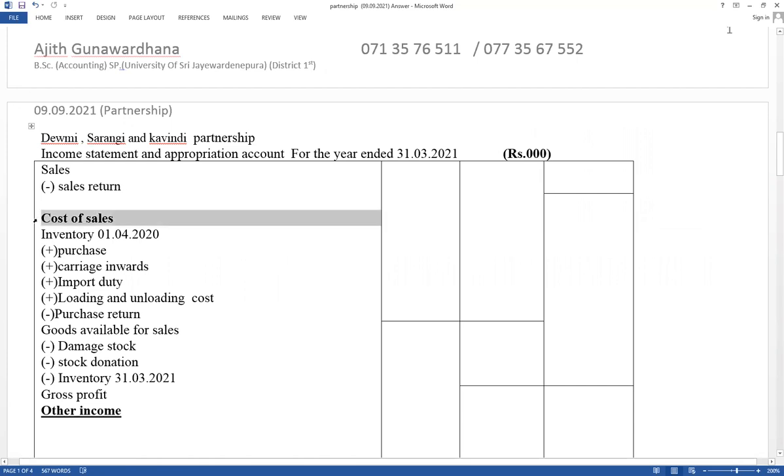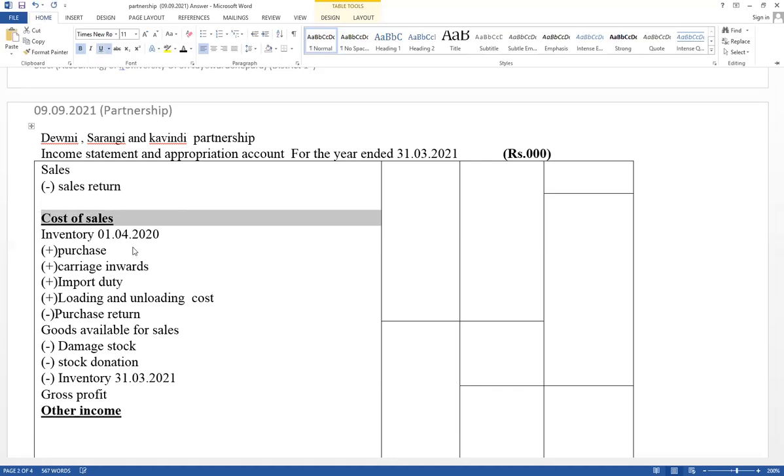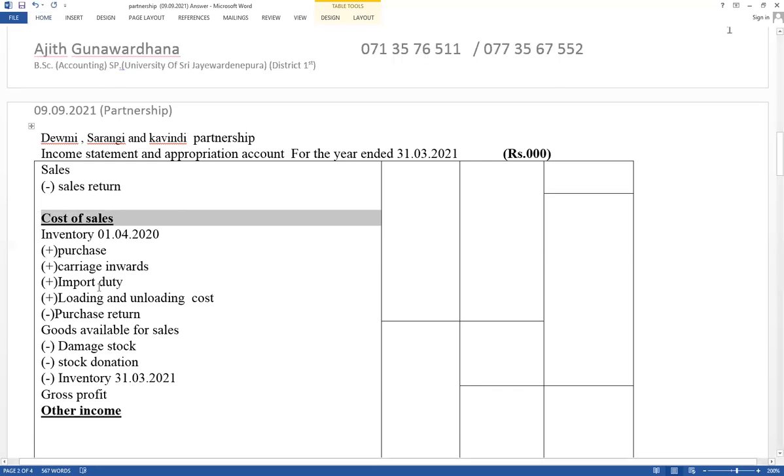Then the composition of cost of sales should be included: opening stock plus purchases plus carriage inwards plus import duty, loading and unloading cost, then minus purchase return. Then goods available for sale can be calculated. From that value, deduct damaged stock, donation, sometimes stock drawings given, and closing stock. Then cost of sales can be calculated. Gross profit also can be calculated.